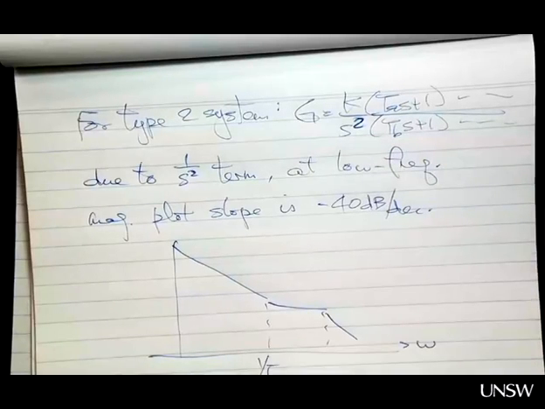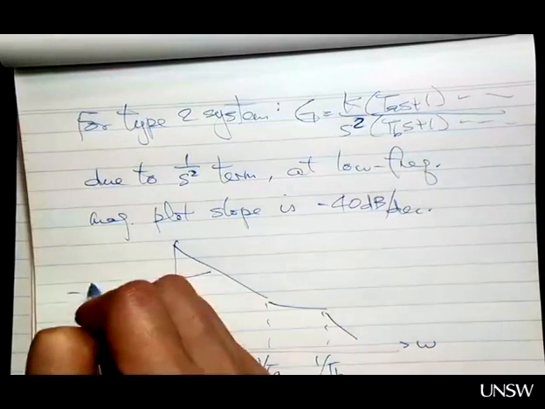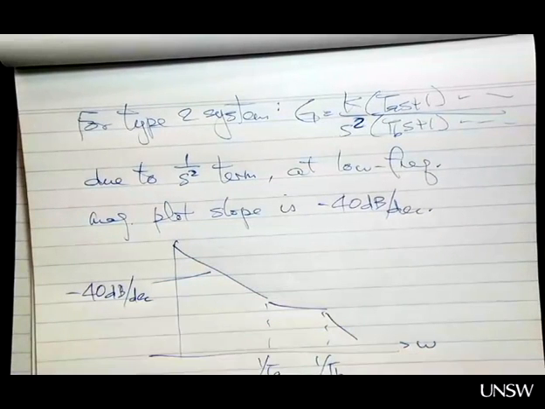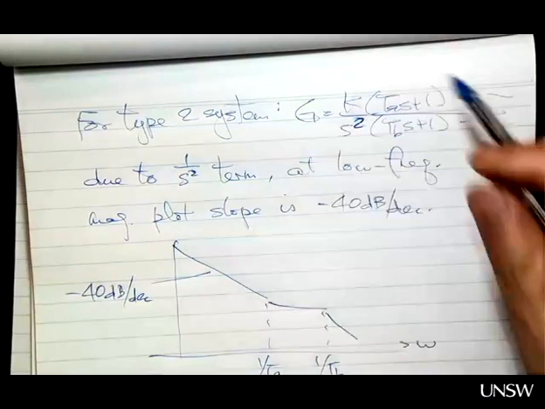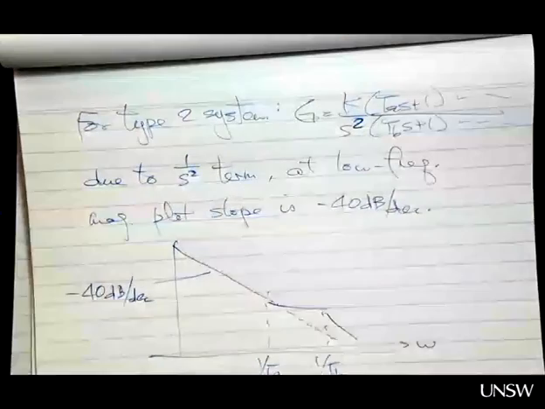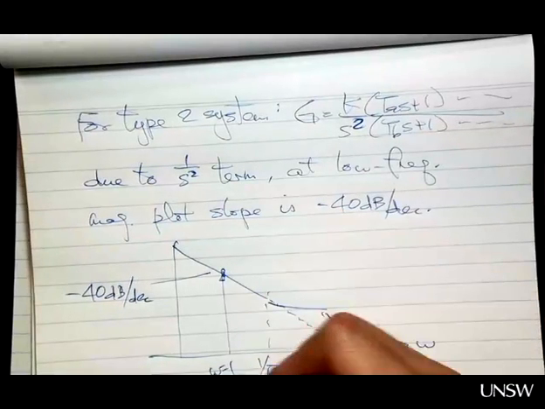depending on the values of the T_A and T_B constants. Here, this slope is minus 40 decibel per decade. So somewhere, or an extension somewhere, this point could be omega equals 1 or somewhere.